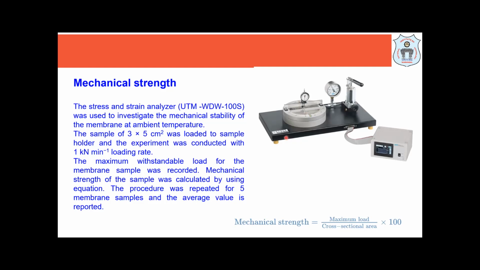The mechanical strength of the sample will be calculated using the equation: mechanical strength equals maximum load by cross section area into 100. Okay. So this procedure will be repeated for a minimum of 5 samples and the average value will be reported. Okay. So that way we will determine the mechanical strength of a membrane.